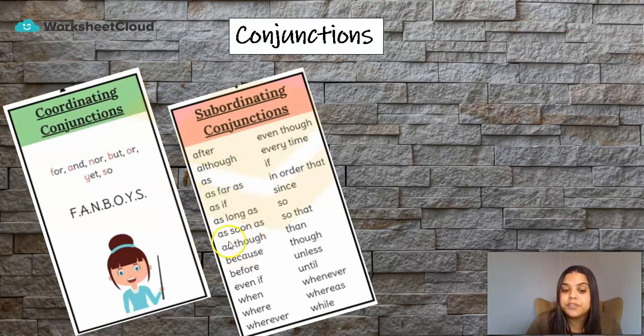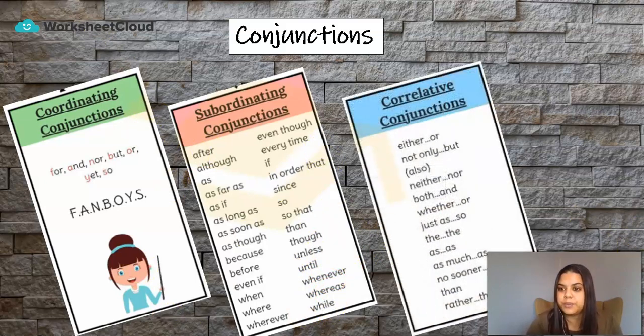And here there's quite a few with as, and then because is a subordinating conjunction, which is also a very popular one. Before, even if, when, where, wherever, even though, every time, if, in order that, since, so, also a very popular conjunction. So that, than, though, unless, until, whenever, whereas, and while. Subordinating conjunctions.